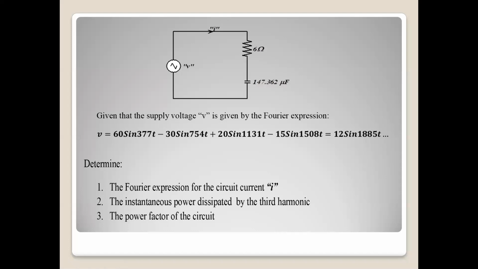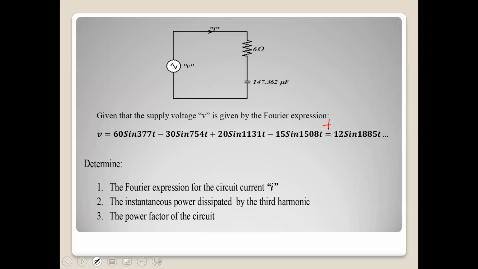All right, so the first thing we want to determine is the Fourier expression for the circuit current. Yes? So in doing that, this is supposed to be plus, right? We want to start with just looking at the voltage expression and determine which harmonics we have.